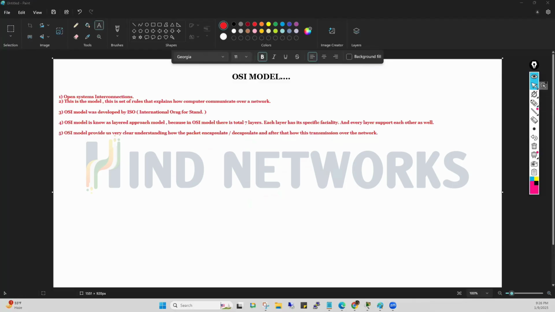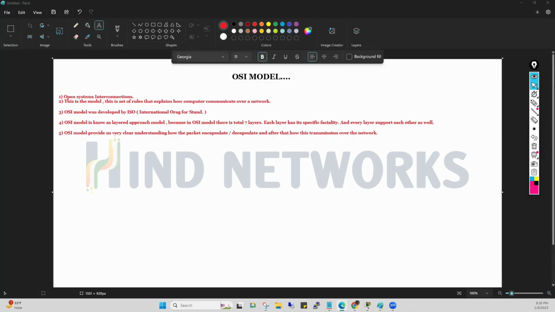Now, the most important thing, I told you the OSI model is called the layered approach model. What is it called, guys? Layered approach model. It means in the OSI model there are different layers, right? That is the first thing.